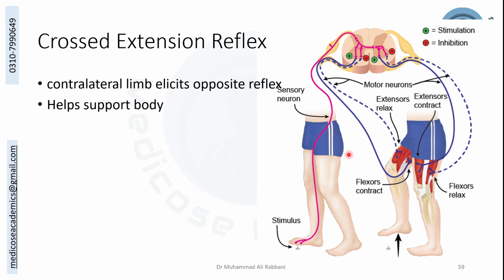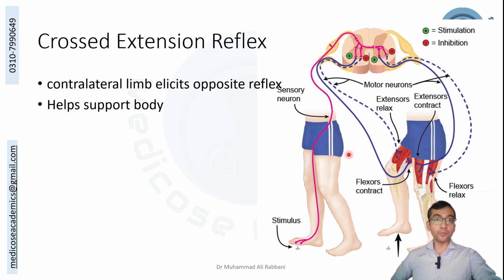Then related to this is the crossed extensor reflex. Whenever you are involuntarily flexing a limb, in this case the lower limb, nature has designed the system in such a way that your opposite leg that is planted safely, it stiffens, it straightens itself. For example, if you suddenly withdraw one leg, your other leg must be ready to extend itself to support the body, otherwise you would fall down.